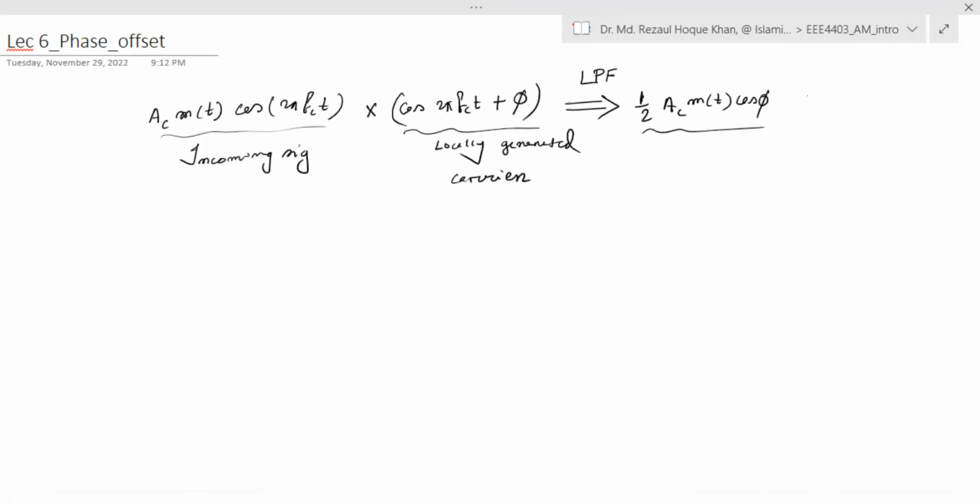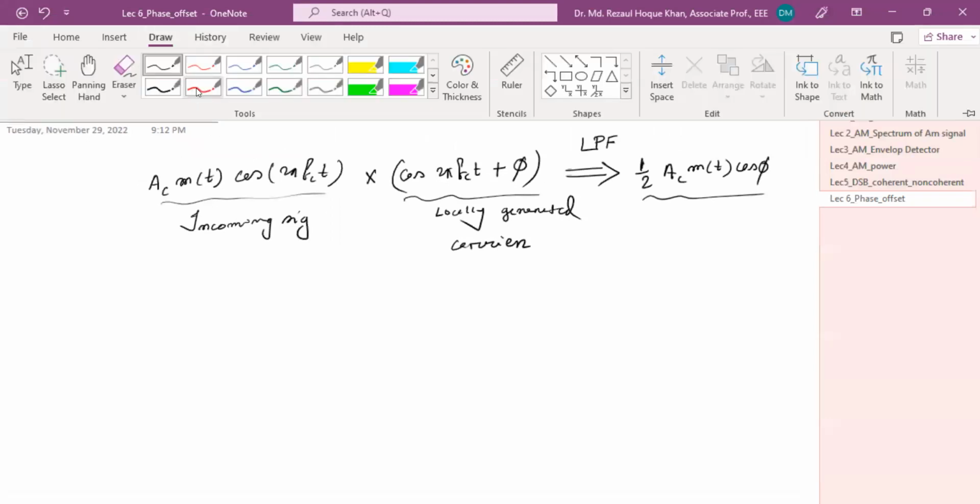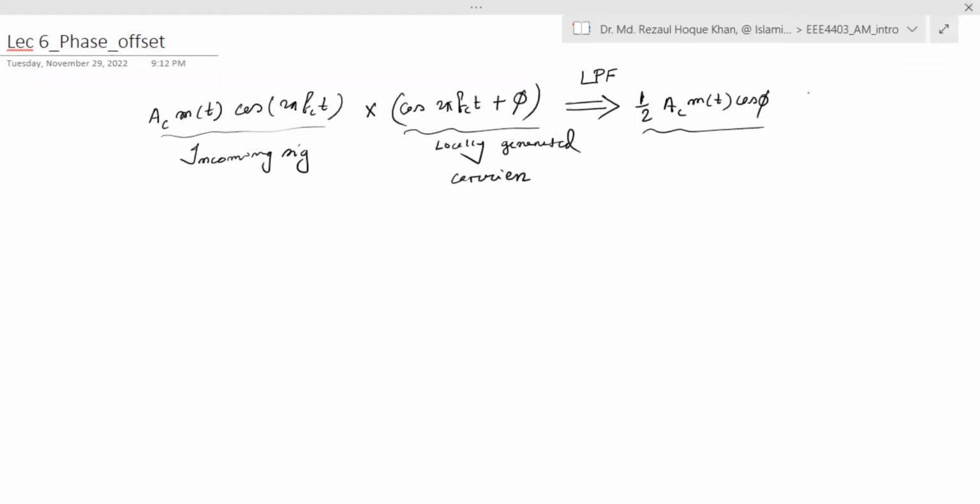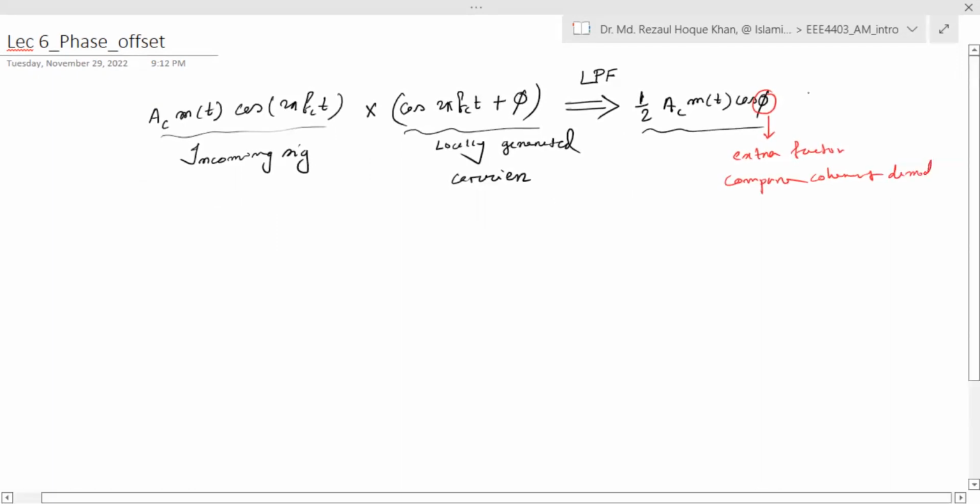Here you see this phi is the extra factor compared to coherent demodulation.